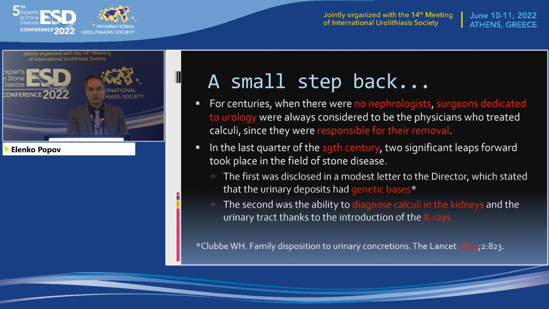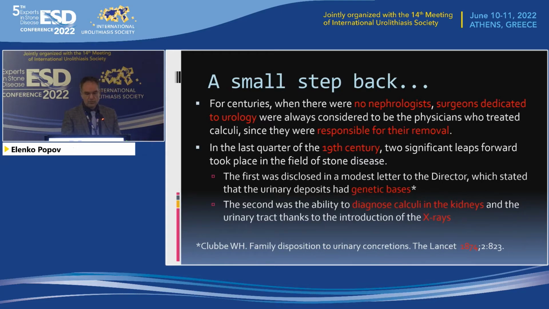I believe that to see how we will go further, we need to see how we came to where we started. For centuries, there were no nephrologists. This is a significantly new and extremely valuable specialty, but it is about 70 or 100 years old. For centuries, surgeons, the predecessors of urologists, were the physicians responsible for treatment.